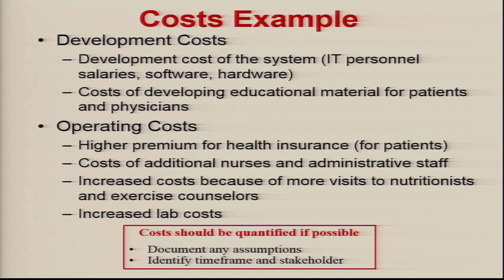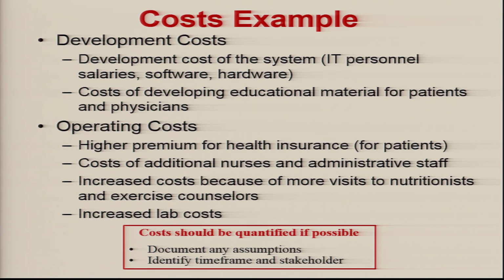We should document any assumptions we make in terms of our costs, and we have to identify the time frame when these costs are incurred and the stakeholder that incurs these costs. And let me give one example. I'll take the example of increased costs because of additional nurses that we need to provide for diabetes case management.